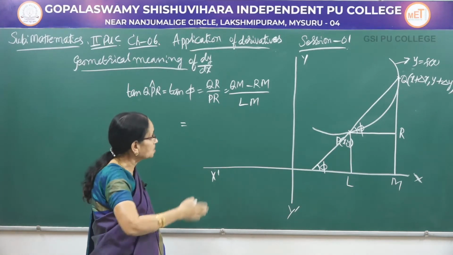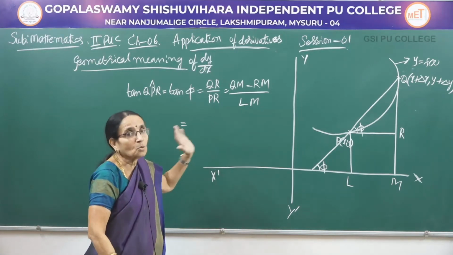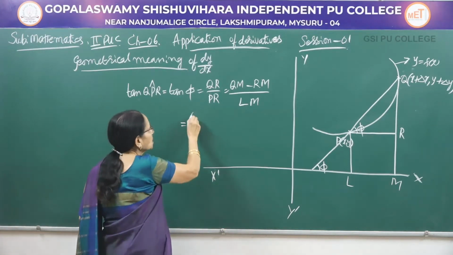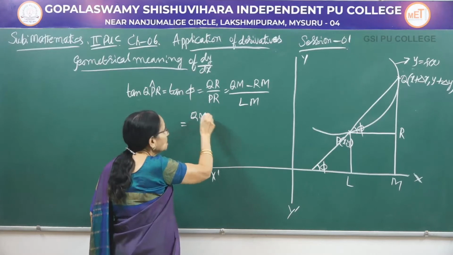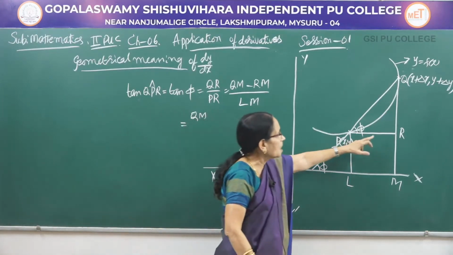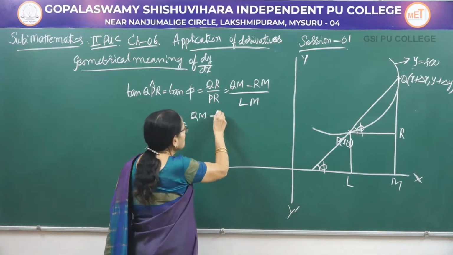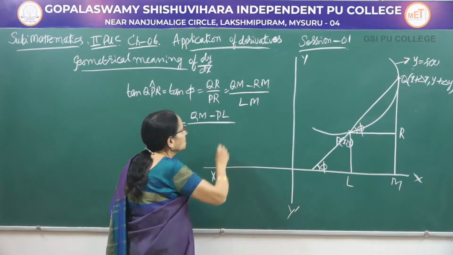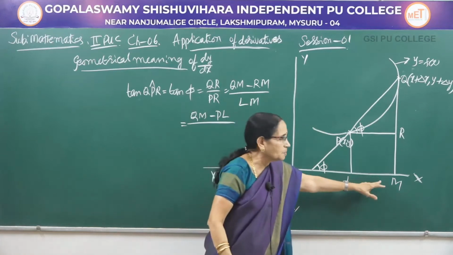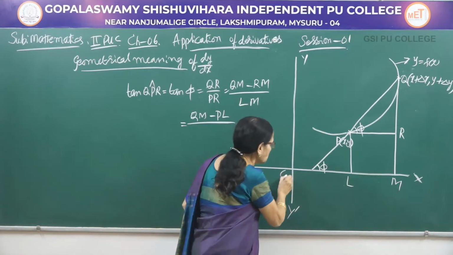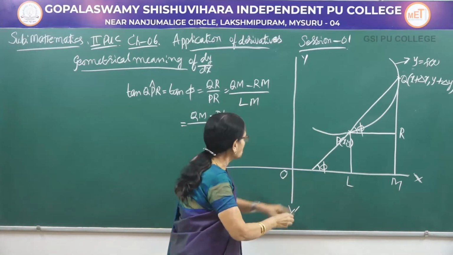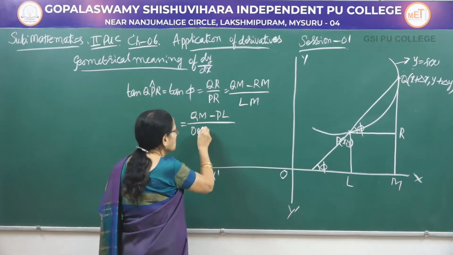I am trying to write these things in terms of the known quantities. You write QM as it is. Now, look at the figure. This RM can be replaced by PL. Similarly, this LM, that distance is not known, you can write it as OM minus OL.